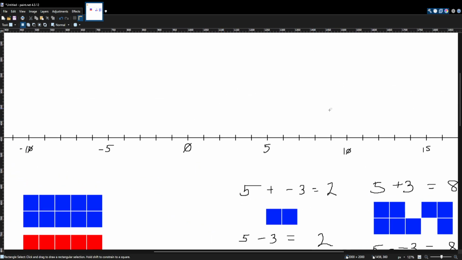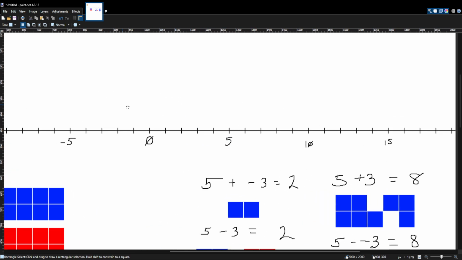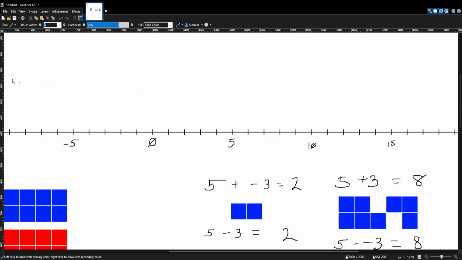So how do we represent this on a number line? If I'm starting at 5 for all of these cases, let's add our positive and negative 3 lines on here. This one is our negative 3, and this one is our positive 3. Then we draw the arrows at the ends of them: negative 3 here, positive 3 here.